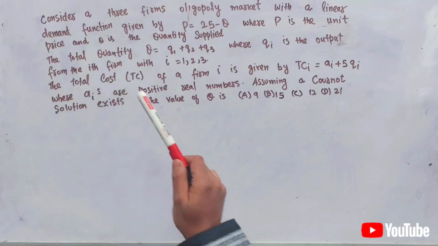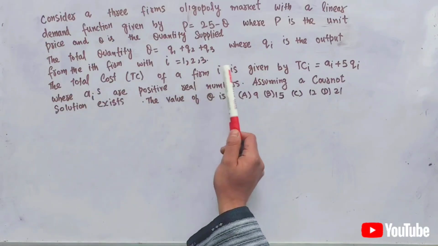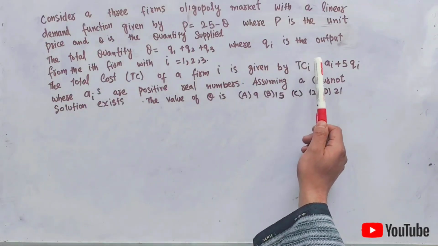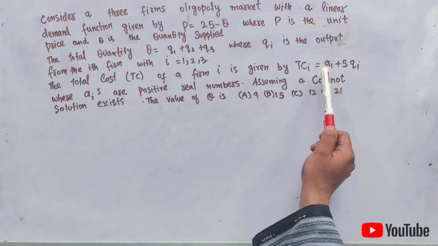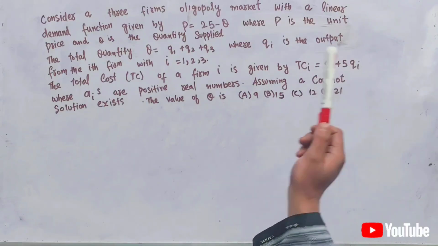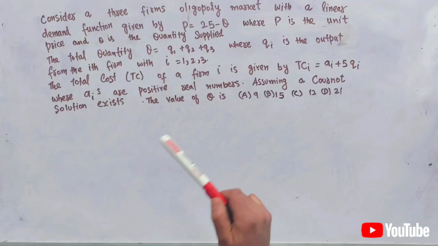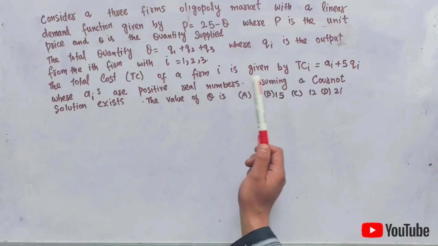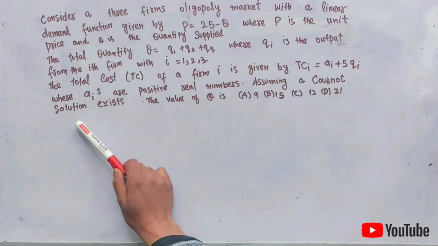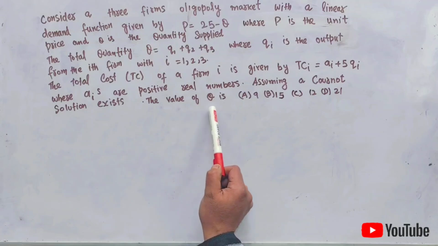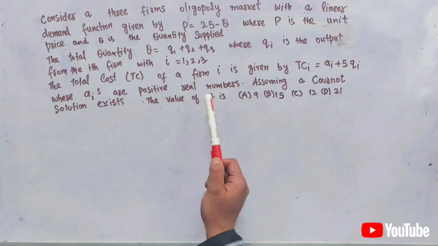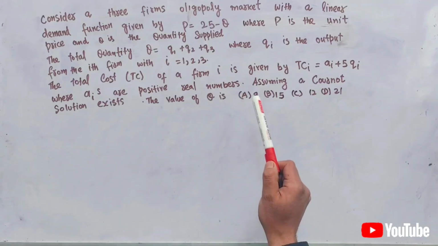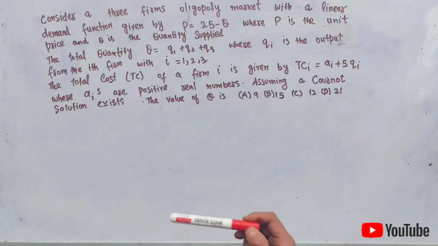The total cost of a firm i is given by TCi is equal to Ai plus 5Qi, where Ai's are positive real numbers. Assuming a Cournot solution exists, the value of Q, that is total quantity supplied in this market, is equal to, options are 9, 15, 12 or 21.